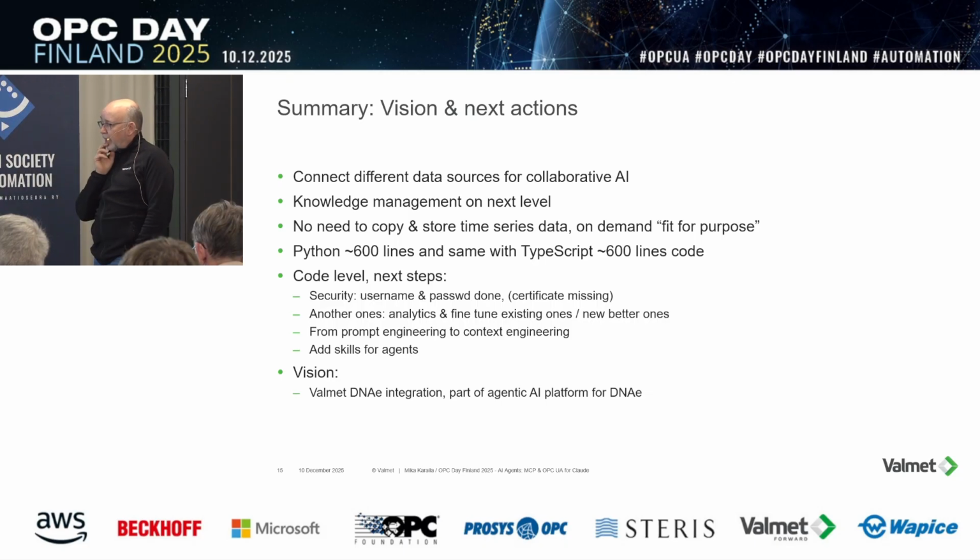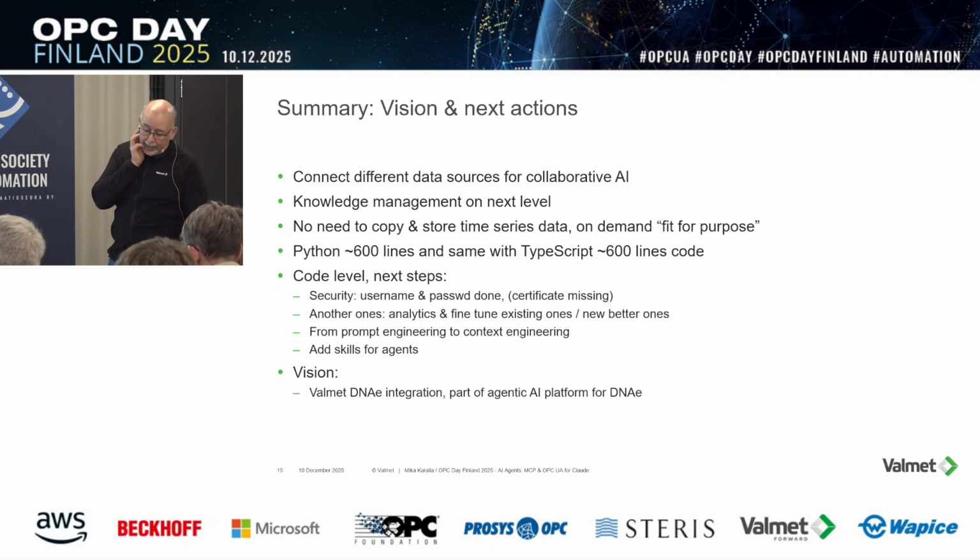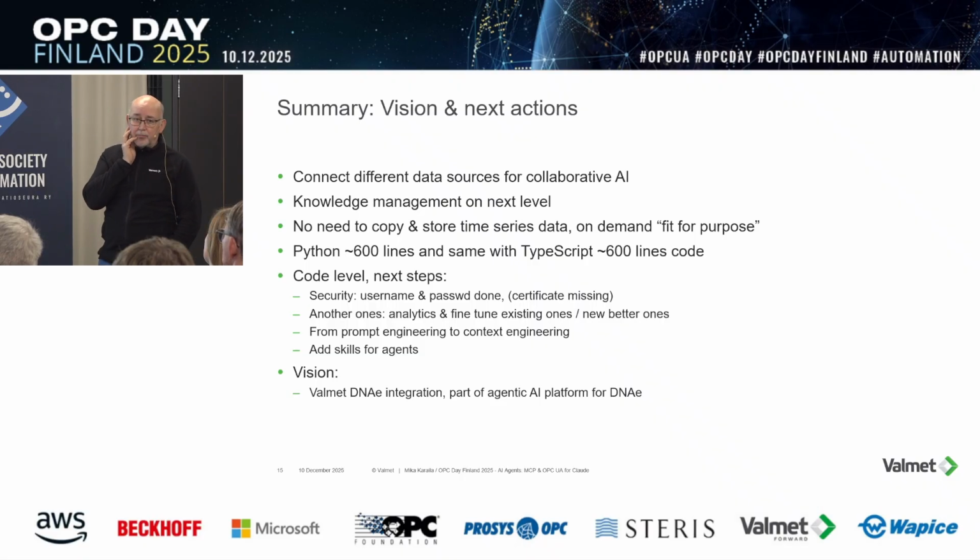I have already implemented some security features, the username and password, but I would like to add the certificate before I make this an open source implementation, because the certificate is needed if you want to run a remote MCP server. You have to encrypt the data when it's going over the internet, for example.